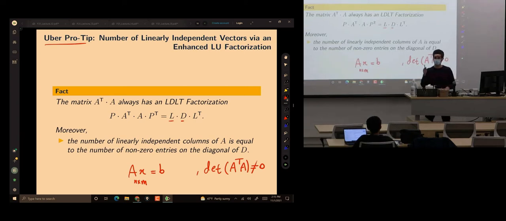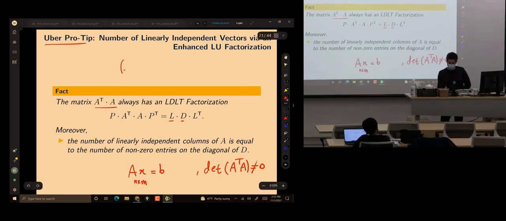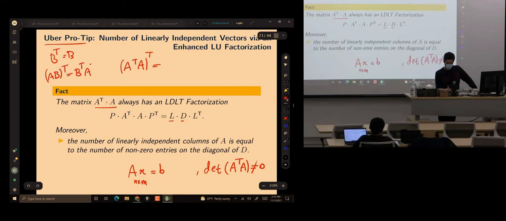There's another thing to say which column is linearly dependent, right? So this is more powerful. We call it Uber protip. It was a result of a symmetric LU factorization. Because A transpose A is symmetric, and a symmetric matrix is such that its transpose is equal to itself. And then we know that (AB) transpose gives us B transpose A transpose.